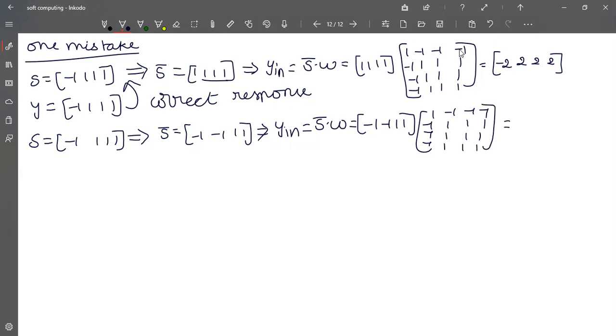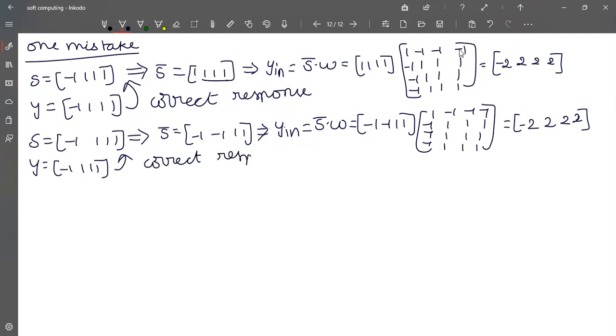And this -1 plus 1 and -1 -1, -2, and 1 -1 and 1 plus 1, 2, 2, 2. So here also, if we apply the activation function, we will be getting the correct response.